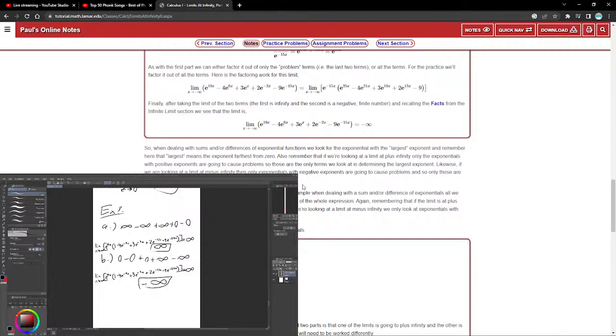Again, it's exponentials with positive exponents. And if we're looking at a limit at minus infinity, we only look at exponentials with negative exponents.